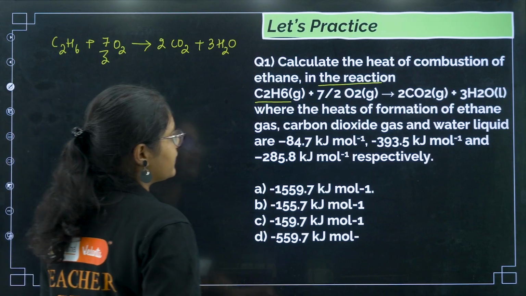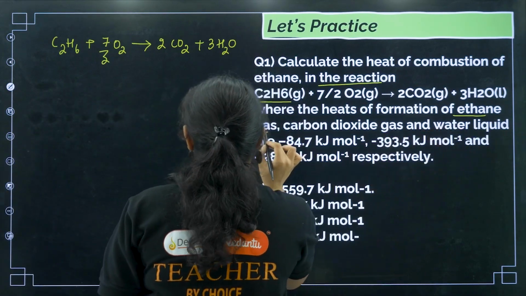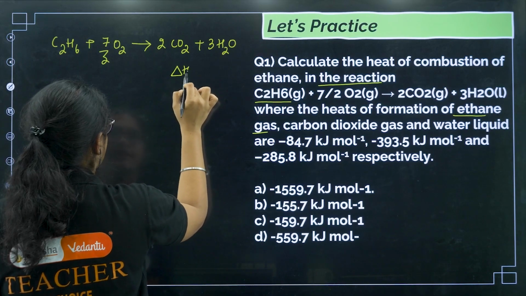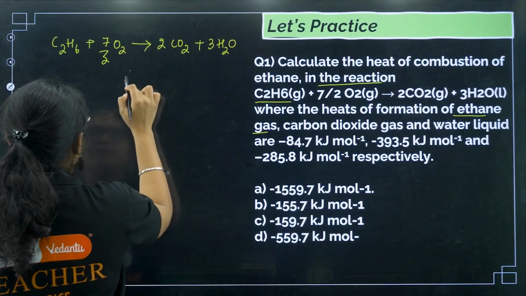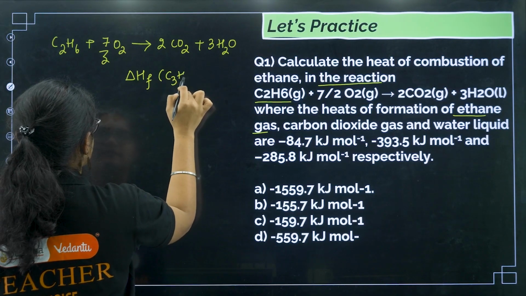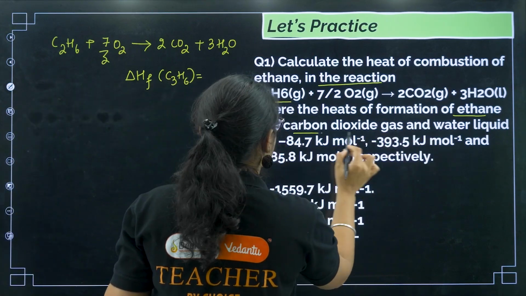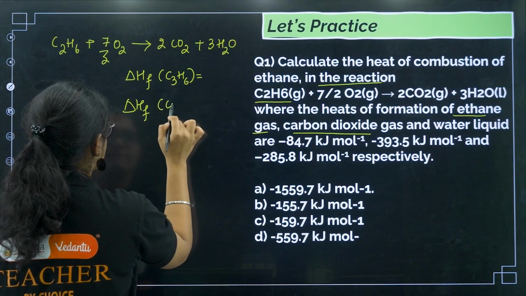Okay, now the question is, you have been given the formation of ethane gas, so you have been given delta HF of ethane, that is C2H6. Then we have carbon dioxide, so first let me write down all the values.